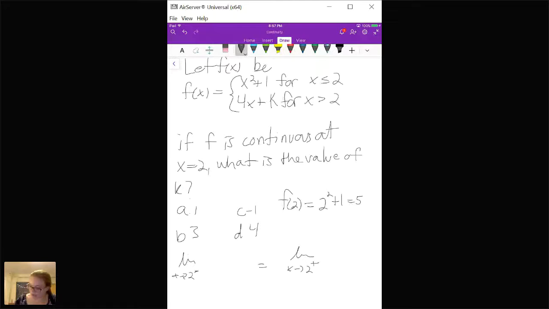Okay, so one of these we know. The limit as x approaches 2 from the left is going to be from our x squared plus 1 function. So we plug in 2 squared plus 1. Again, we get 5. Off to a good start. What has to be true about our limit from the right in order to make this continuous?